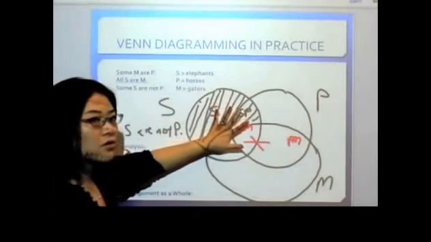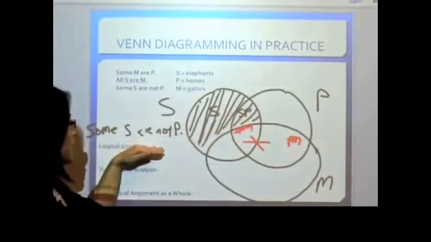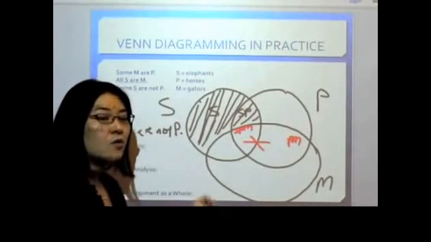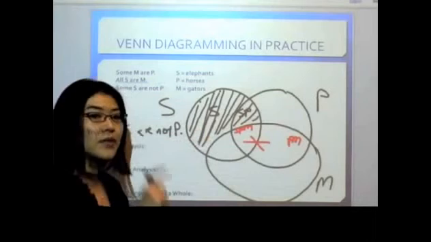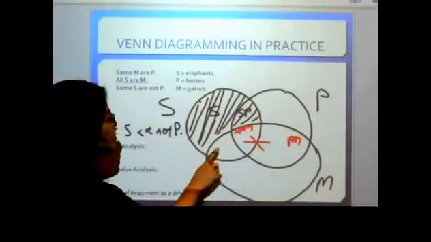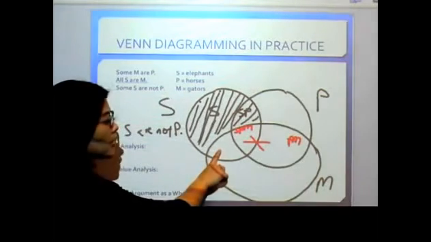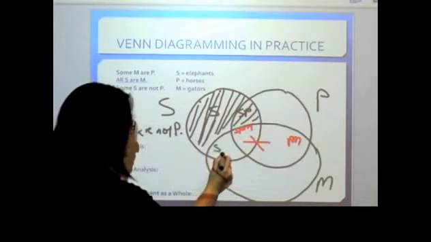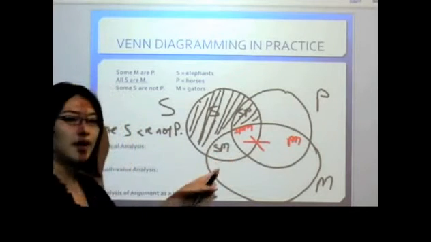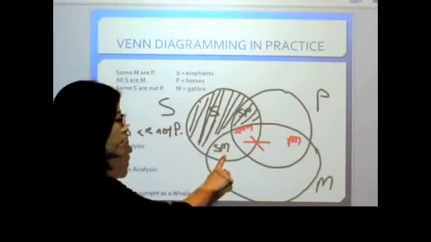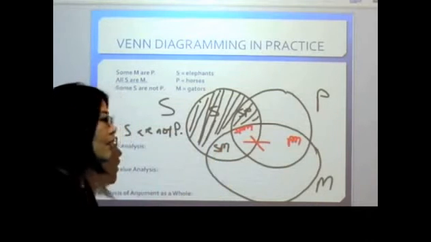In this subject circle, do we find an X inside an area where something is an S but not a P? And notice how we don't, okay? This would be an area where it's an S and not a P, because this is an S and M area, okay? So this would be an area where it's an S and not a P, but there's no X there, okay?